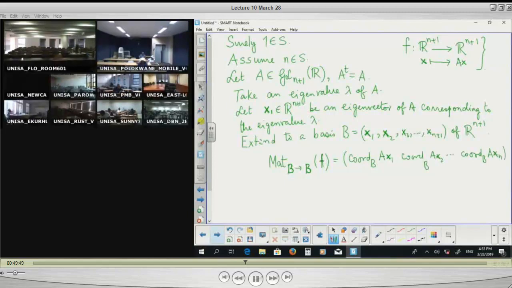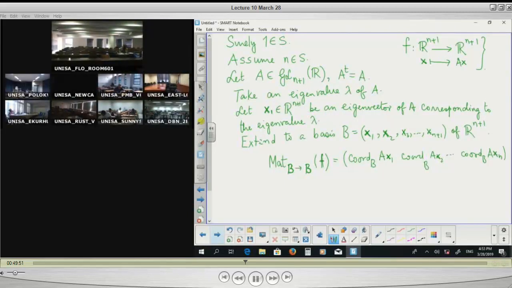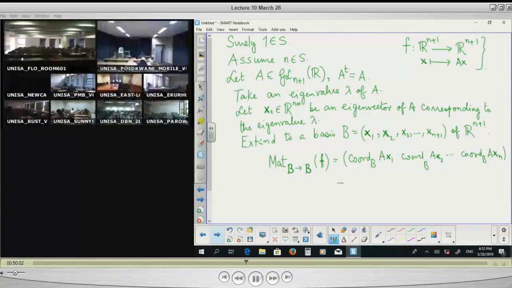What is AX1? AX1 is lambda times x1. Right? So this matrix looks like what? It's lambda times x1. The first column is lambda. So the coordinates of this will be lambda, 0, 0, 0, 0, right?